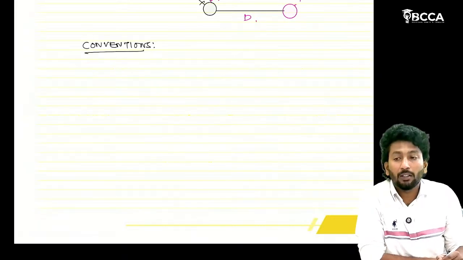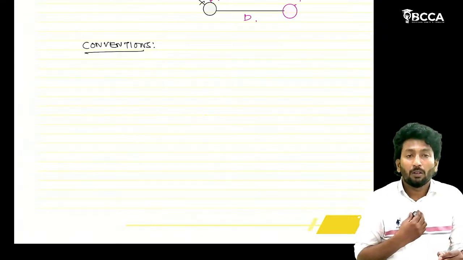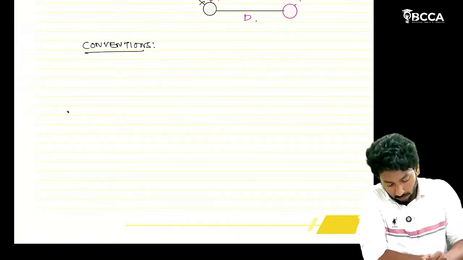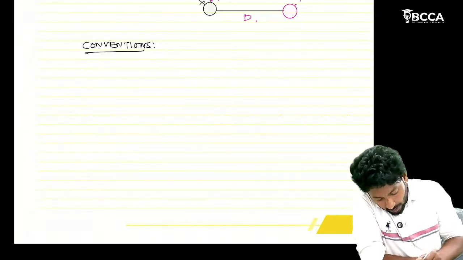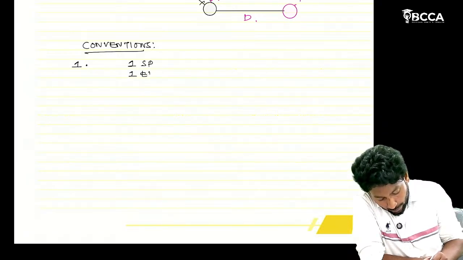Conventions are something like rules, rules we should follow while drawing. The first one is that a project should have one start point and one end point.